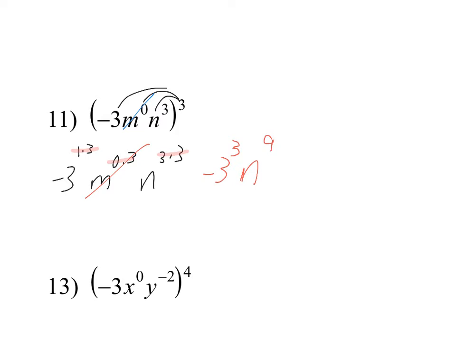So going through my checklist, do I have ones I don't need? No. Do I have 0 exponents? No. Fractions that I can simplify? No. Do I have number bases that will simplify? I've got one of those, but I don't have to worry about any negative exponents. Something you guys are wanting to do a bunch is if I have a negative number out front, you're wanting to move that to the bottom.